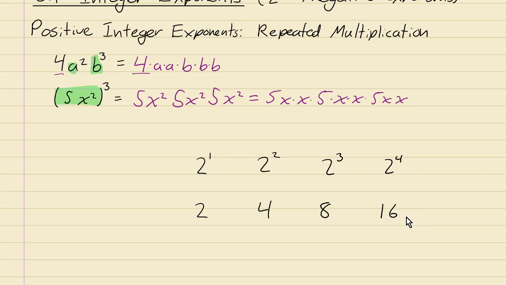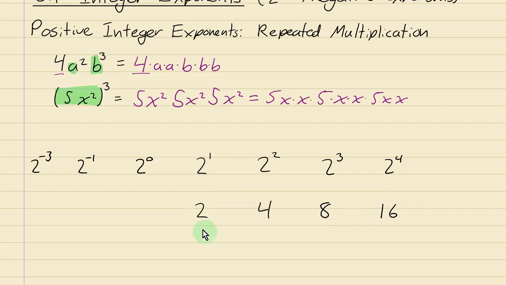So we're going to go backwards to figure out what 2 to the power 0 should be, what 2 to the power negative 1 should be, and what 2 to the power negative 3 should be, so that this pattern keeps going on. So of course 2 to the power 1 is just 2, 2 to the power 2 is 4, 2 to the power 3 means 2 times 2 times 2, which is 8, etc.